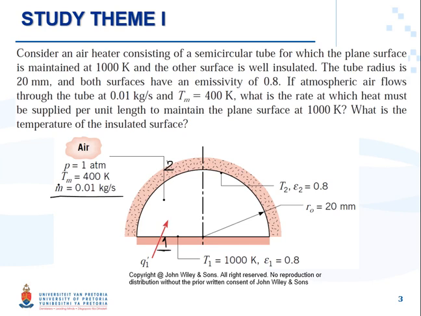It's asking what is the rate at which heat must be supplied per unit length to maintain the plane surface at 1000 Kelvin. So basically, there is an external heat source at surface 1, and we need to find it. Let's see how we are going to deal with it.